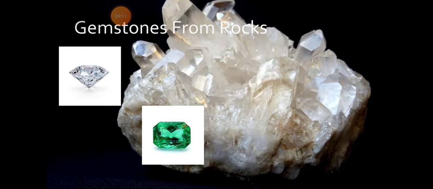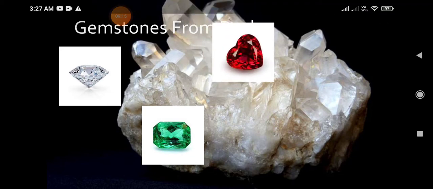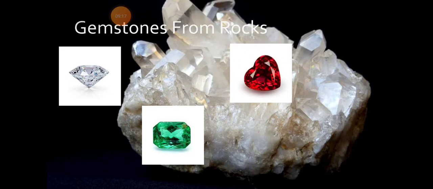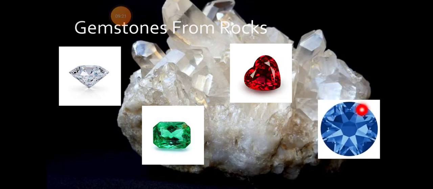So these all are different minerals we are finding from the earth crust. Yes, this is the sapphire, and this is the diamond, emerald, ruby, and sapphire. All these are known as gemstones. We are getting these gemstones from the minerals.